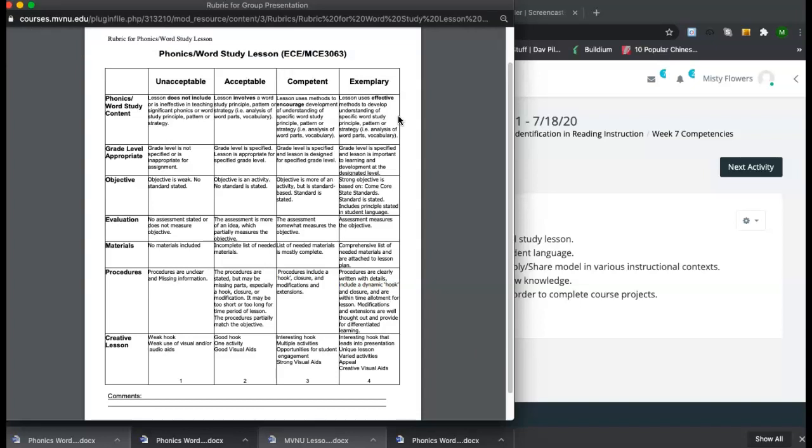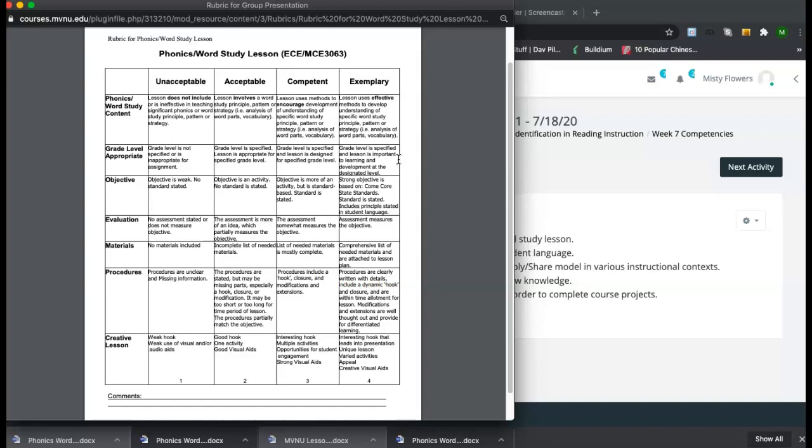Is it grade level appropriate? Please make sure you put on there what grade level this lesson is for. I neglected to put that on there when I revised it, so please make sure that you include the grade level.